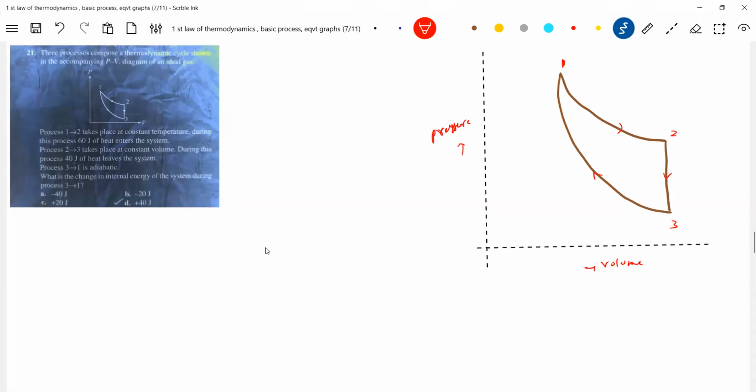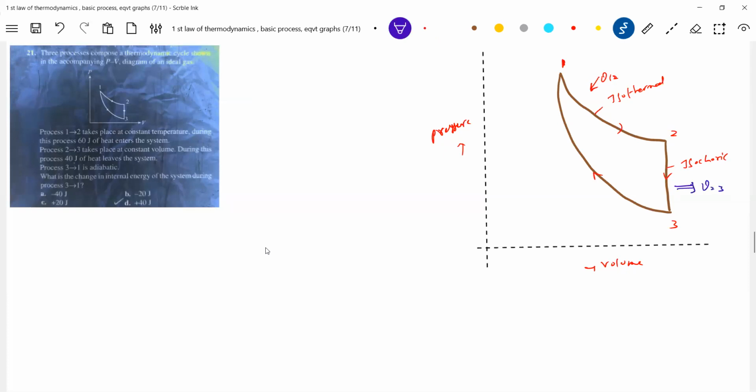1 to 2 is at constant temperature. So will this be an isothermal process? Yes. During the process, 60 joules of heat enters the system. So Q12 will be 60 joules. What is 2 to 3? It takes place at constant volume, so this is isochoric. During this process, 40 joules of heat leaves the system.